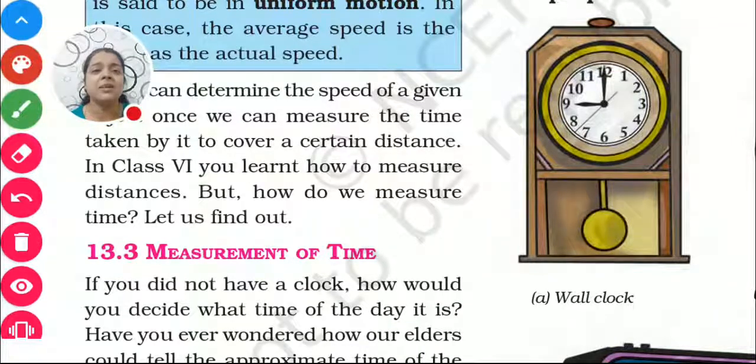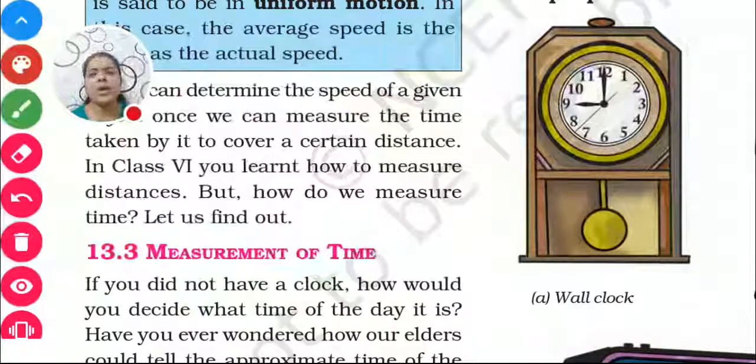Undoubtedly, exact time is quite difficult. But yes, one thing you can say, it seems to be morning, it seems to be dawn, it seems to be afternoon or noon, or it is evening, or it is night. You can easily say so, but exact time you cannot, right?